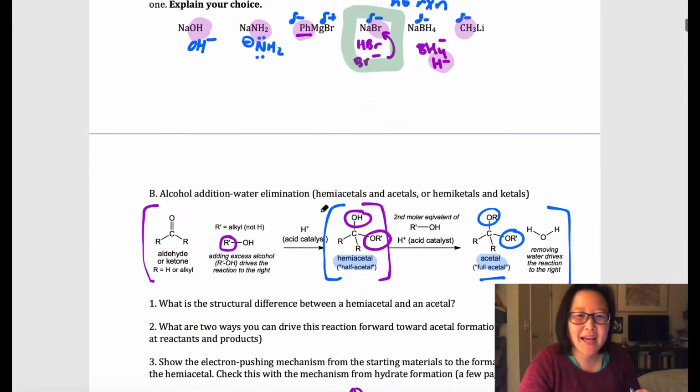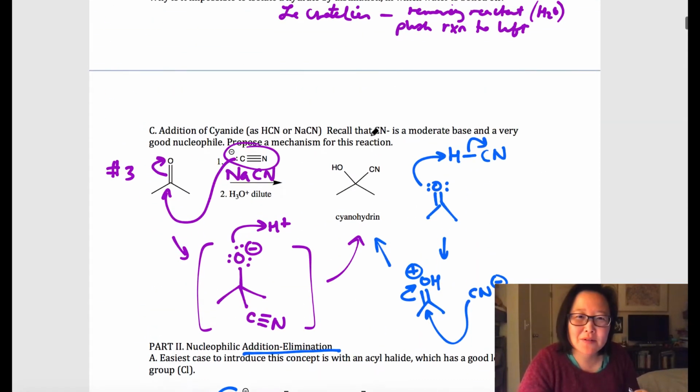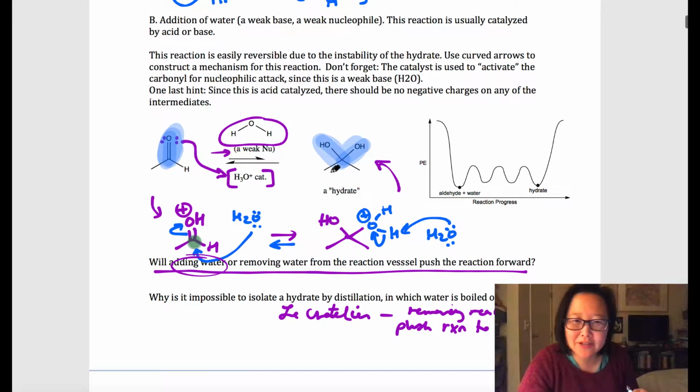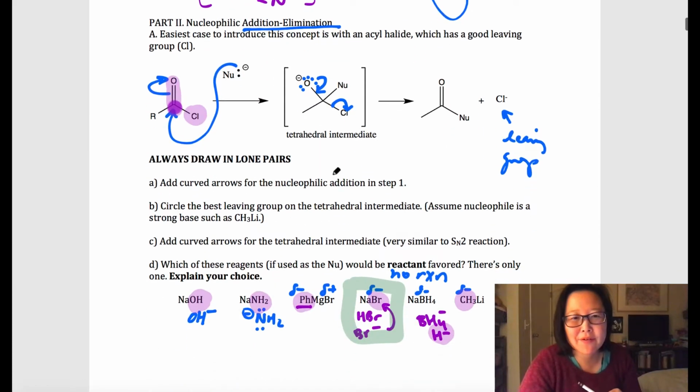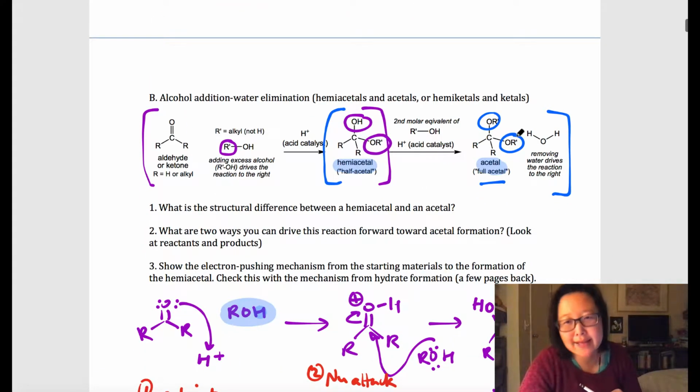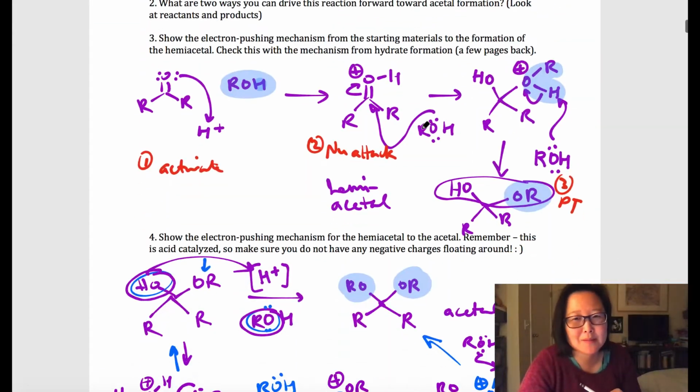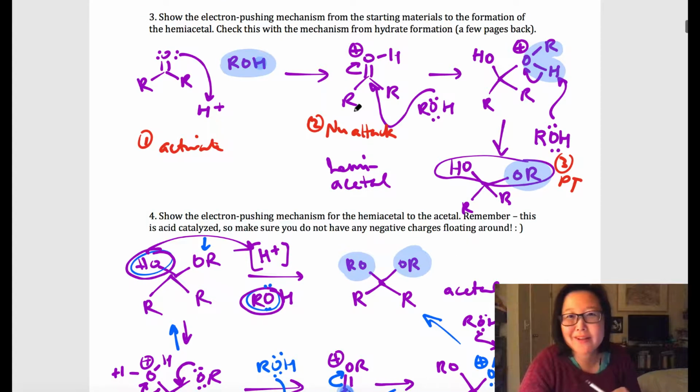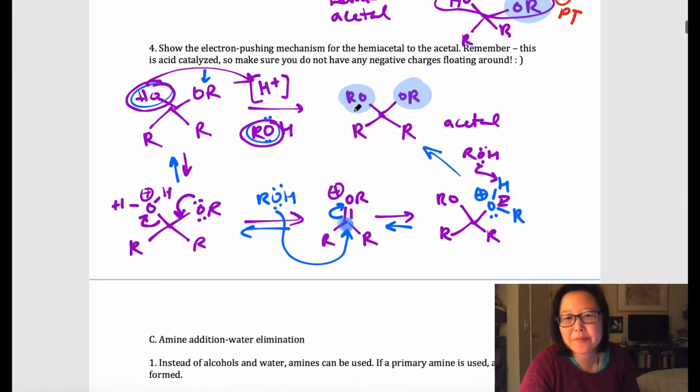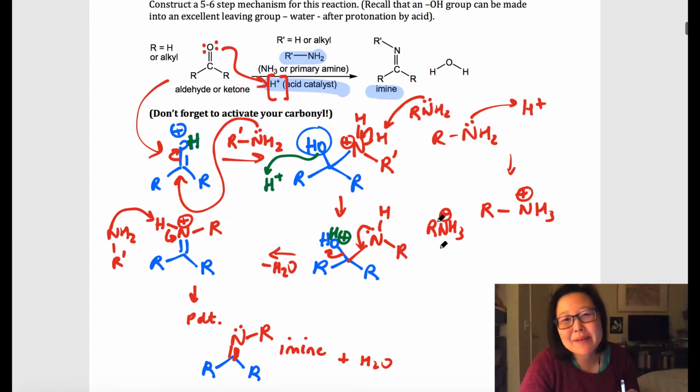So you do the hydrate, do the mechanism, write it out. Do that for the hemiacetal and the acetal. So write out the full mechanism, which is this whole thing. Make sure it makes sense to you. And then write out your imine formation, which is the same thing again, but they're all nucleophilic addition elimination. So write them all down separately, and that will all go into your mechanism portfolio.